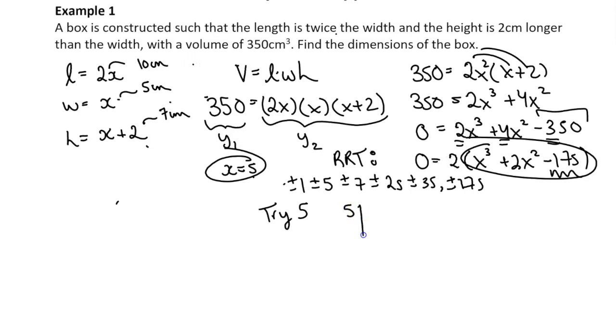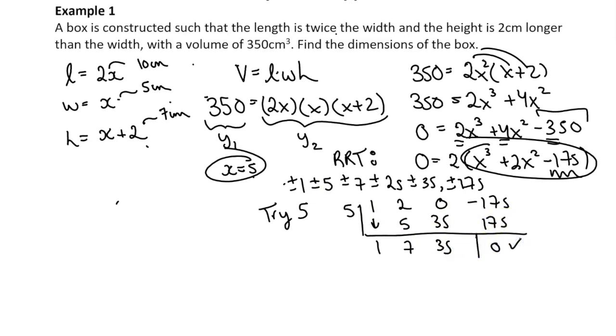So if you take 5 and you say 1, 2, 0x's, minus 175, you would be left with a remainder of 0. And then you'd be left with x squared plus 7x plus 35 equals 0.